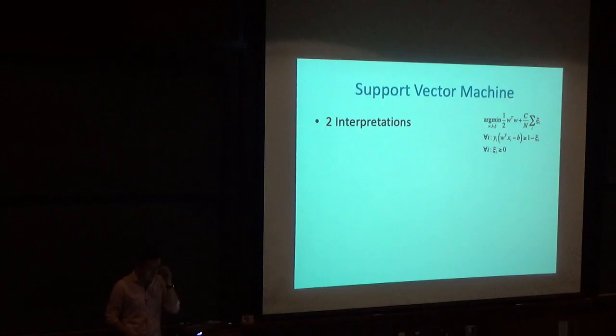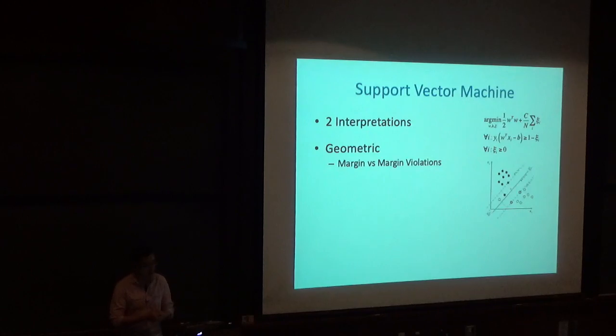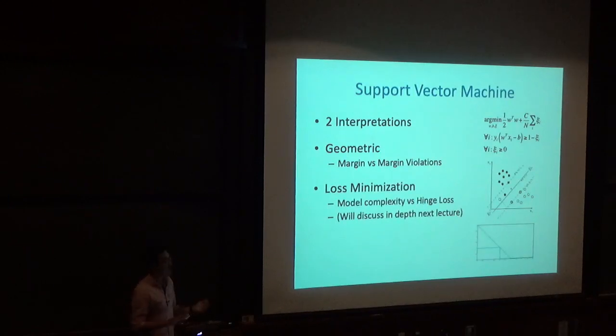Okay, just to summarize for support vector machines, we've looked at two interpretations. One is a geometric interpretation: we want to maximize the margin. The second one is a loss minimization interpretation, which is the kind of interpretation that we've been studying very extensively thus far in the class, and will continue to do so into the future.